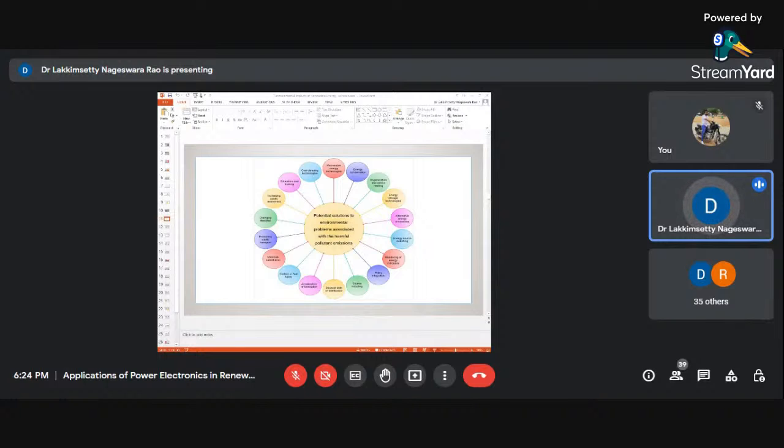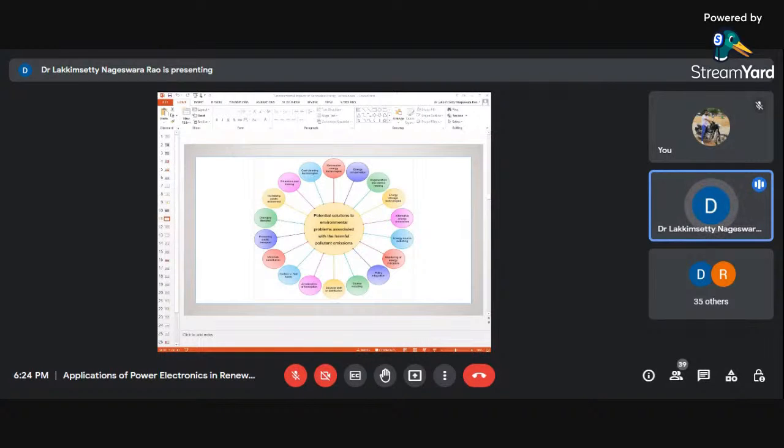And one more, potential sources of renewable energy. Here we have hydro-based renewable energy sectors, biomass-based renewable energy, wind-based renewable energy, and solar-based renewable energy. For these technologies, they have to make some workshops. They have to educate the people on the importance of solar, wind, biomass, and tidal.